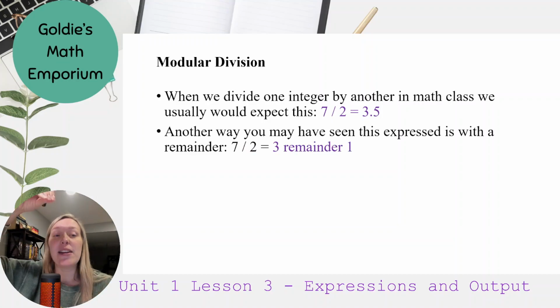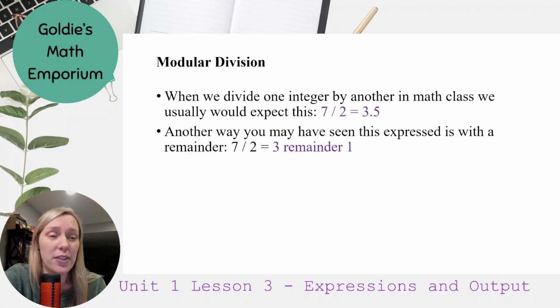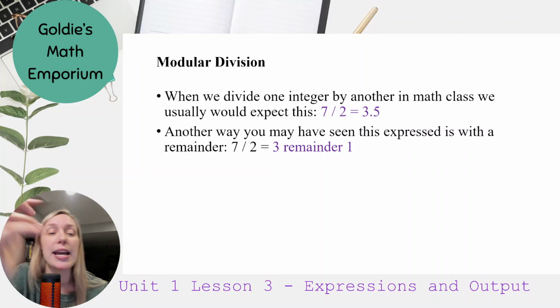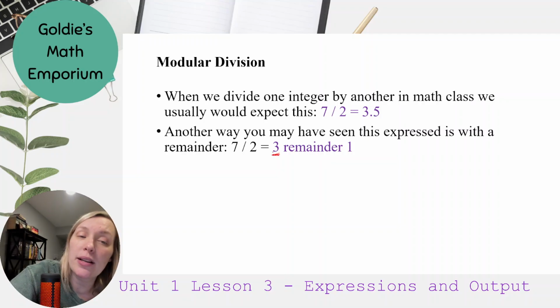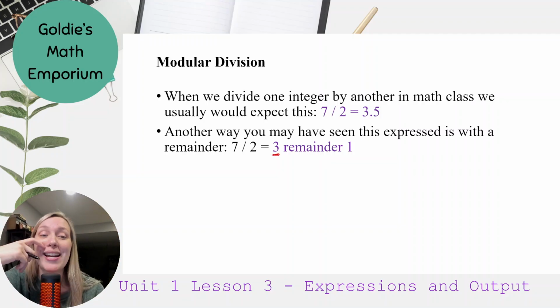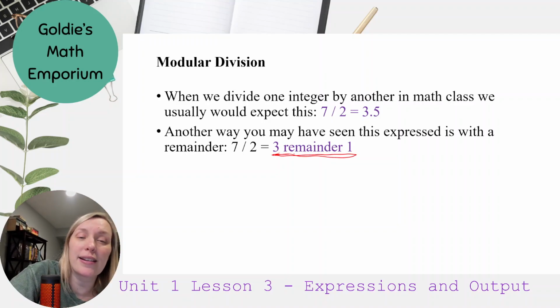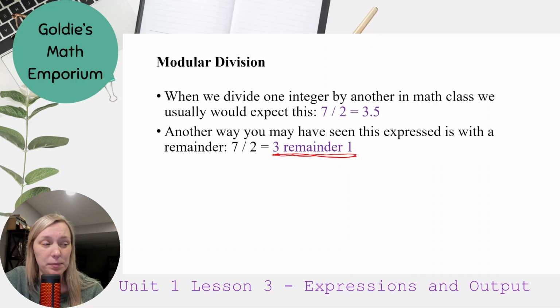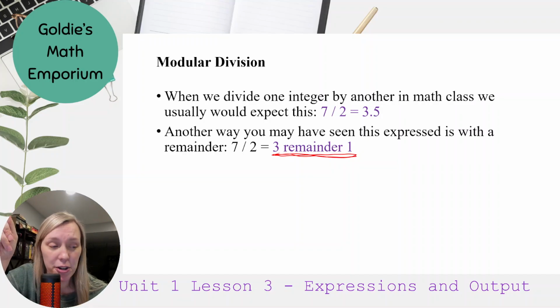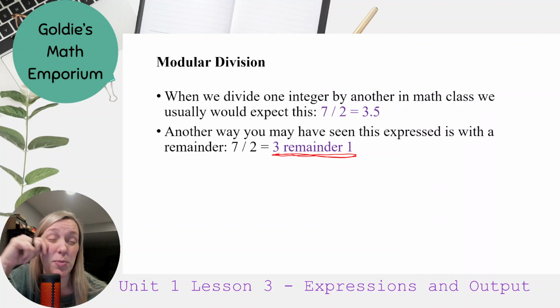If I took 7 divided by 2 as integer division, I would say 3 would be my answer. What it fully is, is 3 remainder 1, right? 3 remainder 1. So modular division is finding that remainder after that integer division is performed.